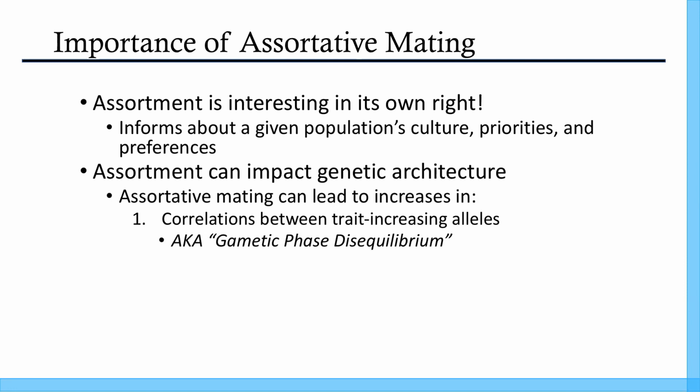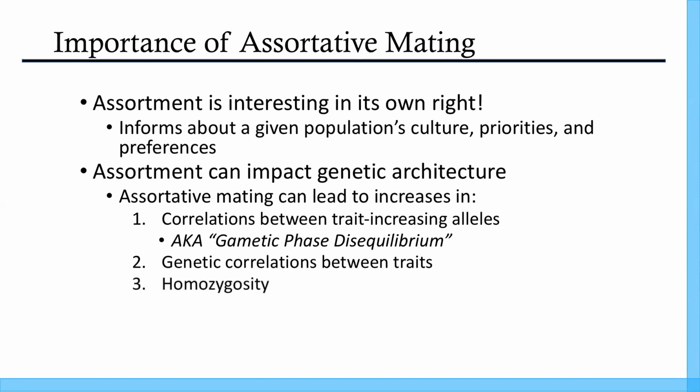It will also lead to increased genetic correlations between traits if a person with trait X is preferentially choosing someone with trait Y and vice versa, and increases in homozygosity. Assortment will also result in increased genetic correlations between relatives.